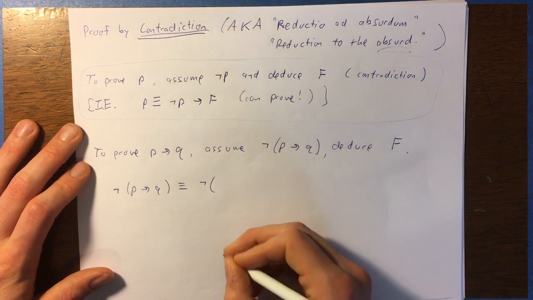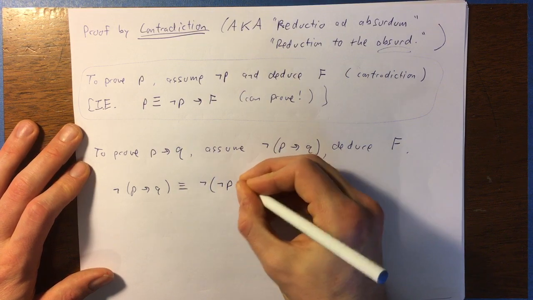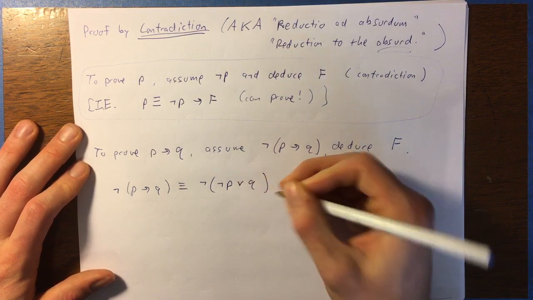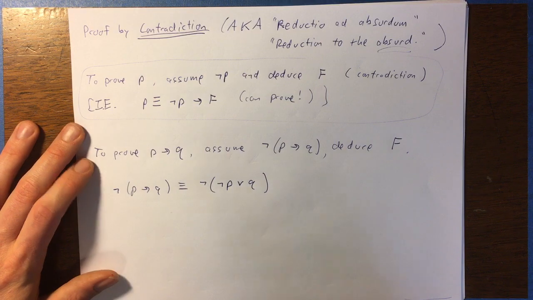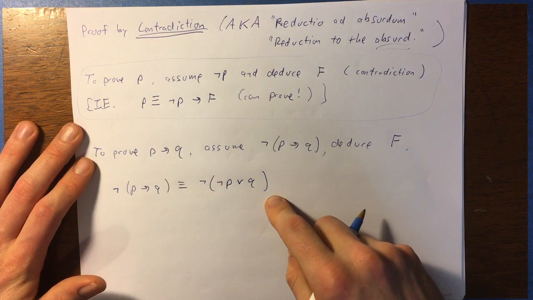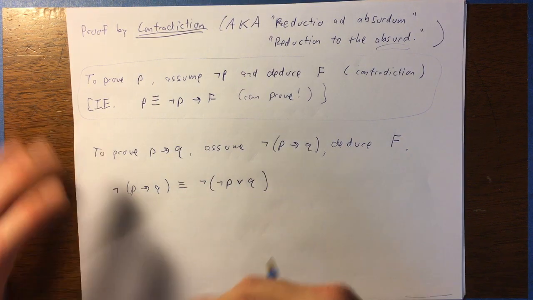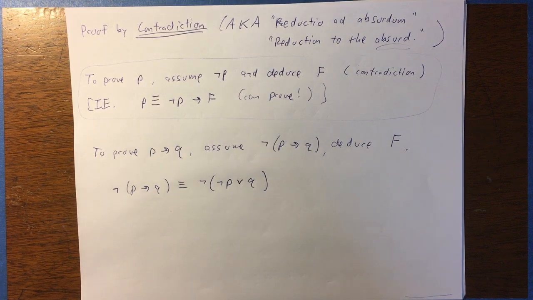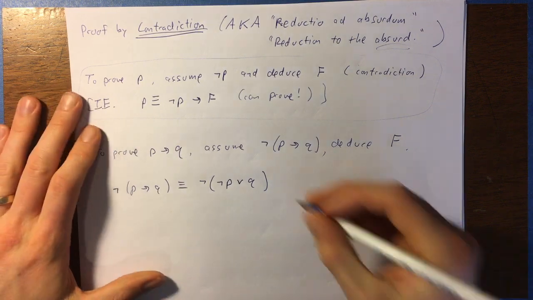We can rewrite P implies Q as not P or Q. One of the reasons that equivalence is so useful is because it gives us a nice way to negate an implication statement easily.